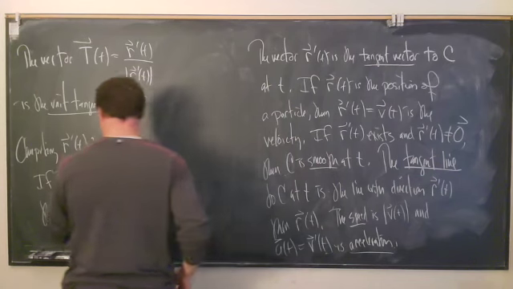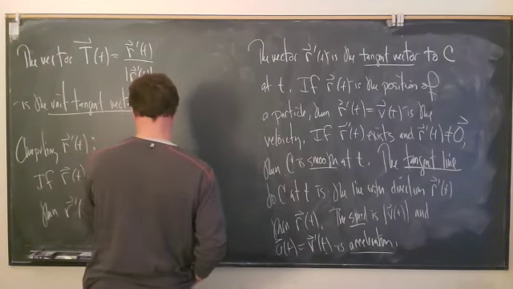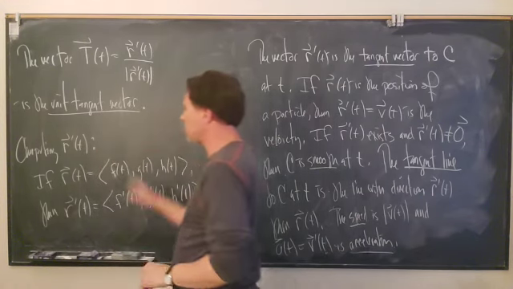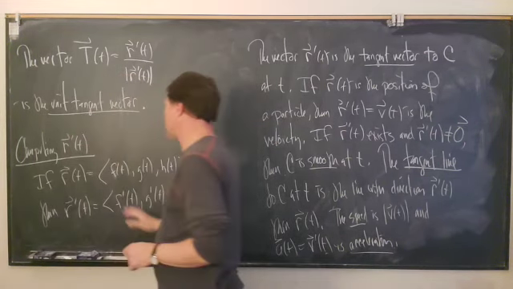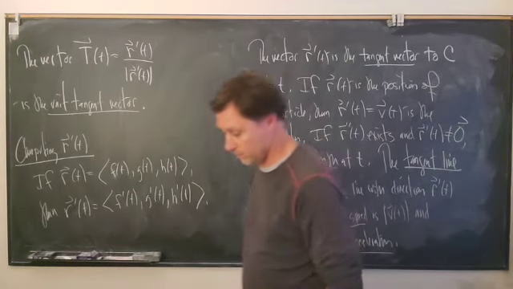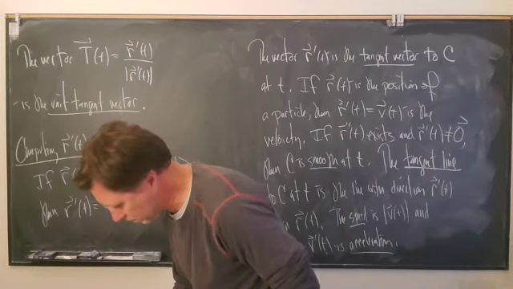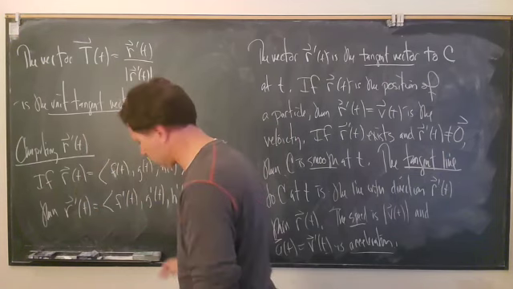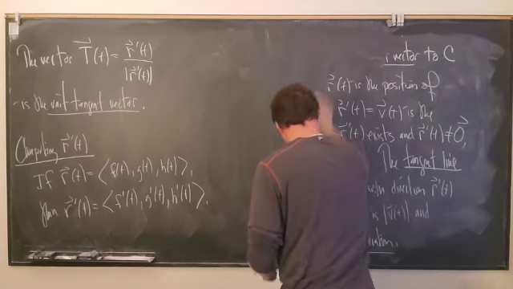So r prime of t is f prime of t, comma g prime of t, comma h prime of t. Computing the derivative is the simple process of computing each of the individual components. Okay, so let's try an example.